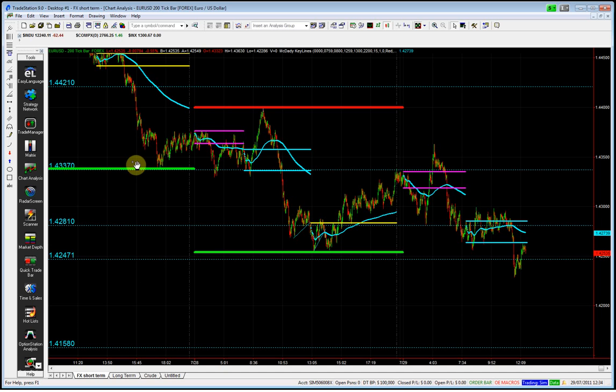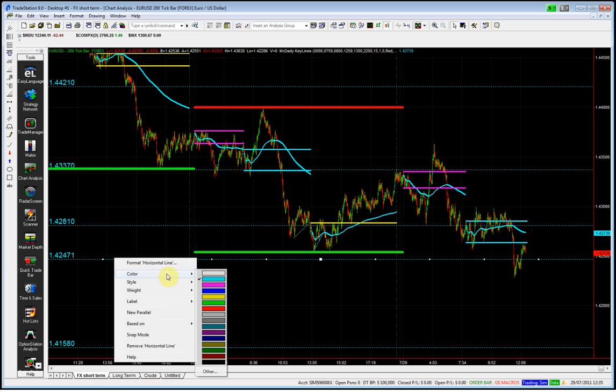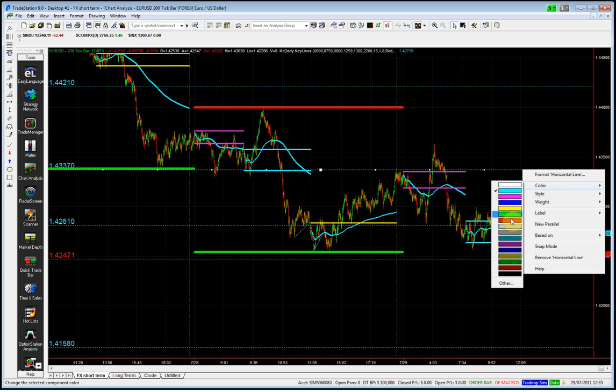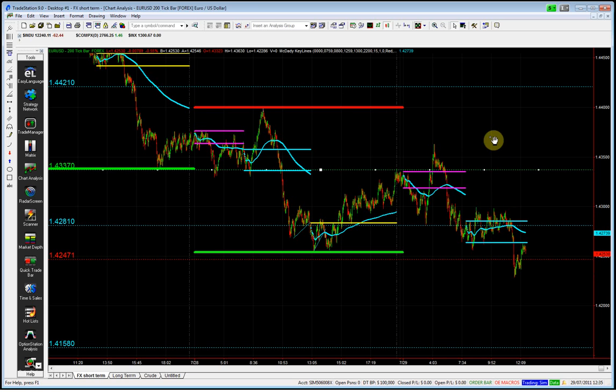So on the 200 tick, then we can put the structural short in red to indicate our short-term sell, and we're going to put the 143.37 or 143.33, as a lot of you know it to be, in green as our short-term long point. So this is a good situation where our structures are the same as our near-term positions.